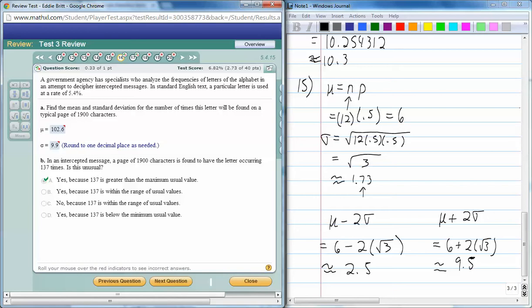This problem is exactly the same as the previous problems we've worked, except our P is 5.4%, so be careful whenever you write down your P. So, this is number 16.